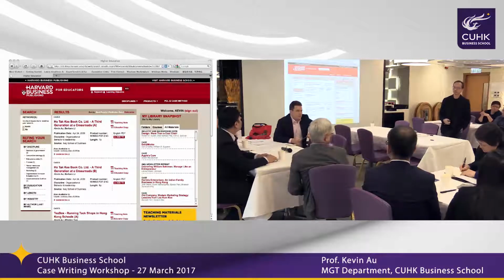But the question is, if we wanted to go straight into Harvard, what we would need to present in an application to Harvard is a substantial number of cases that have not been published elsewhere, plus a commitment to a continuing flow. That would be a strategic decision that typically would have to be made at the dean's level.